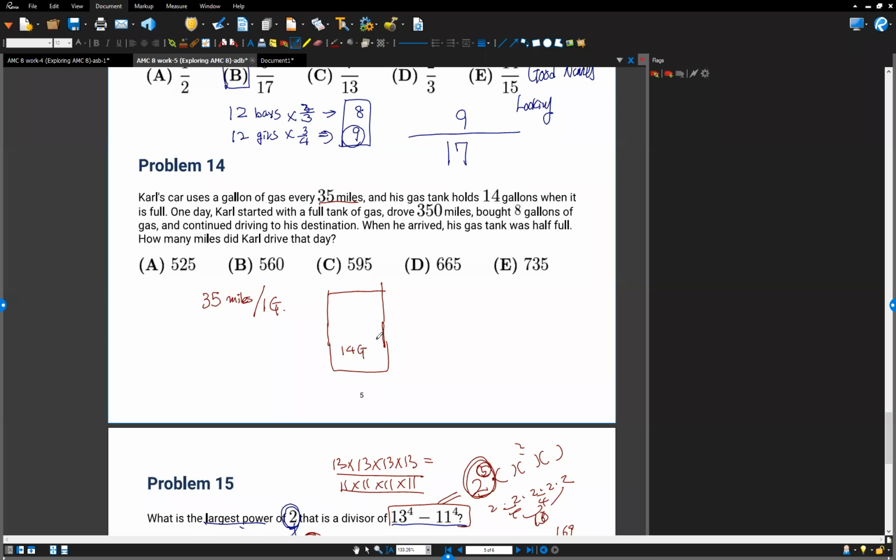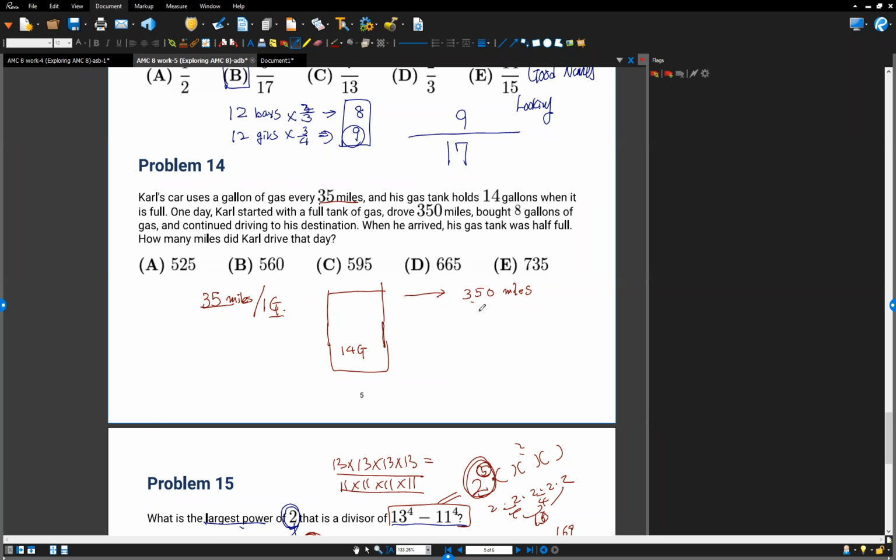One day the car started with a full tank of gas, but he drove what? 350 miles. He traveled 350 miles. He used the gas. How much gas did he use? 35 miles is 1 gallon. 350 is 10 times this mileage, right?